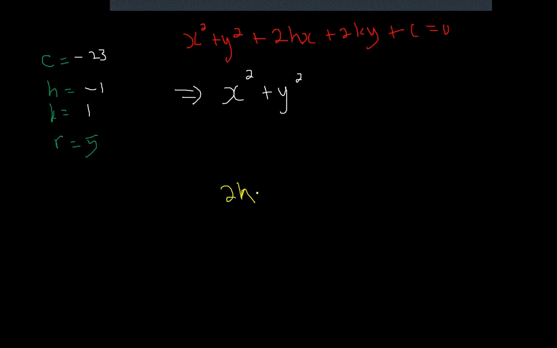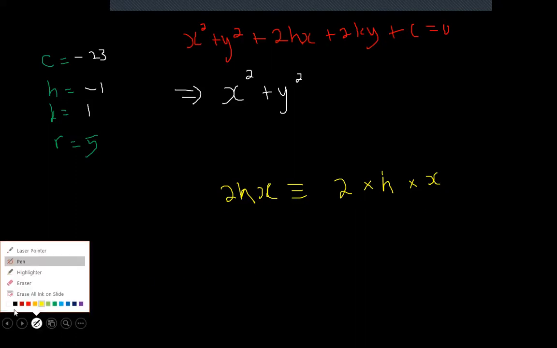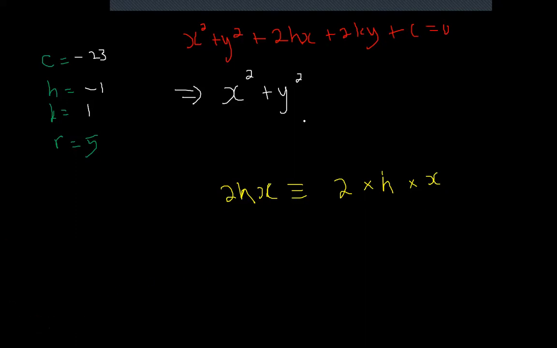So 2hx means the same as 2 times h times x. We know already that h is minus 1. So that's 2 times minus 1 times x. 2 times minus 1 is minus 2, times x. So we get minus 2x.